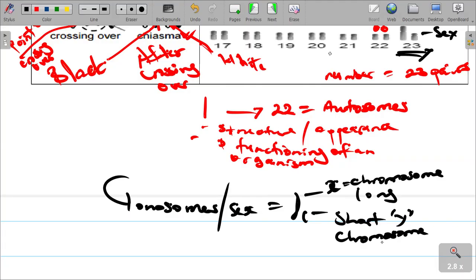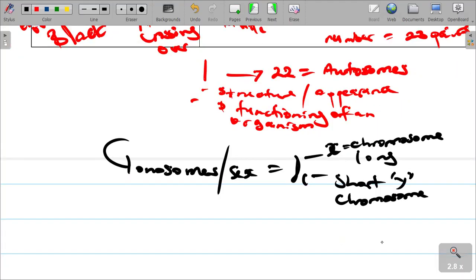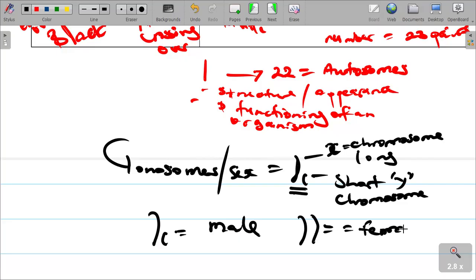That is important for you to note. So if we see a structure like that on our karyotype, this identifies that the person is going to be male. And if all of them are long, this is going to be female.